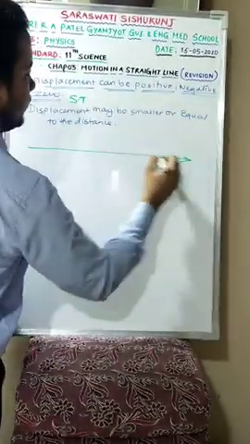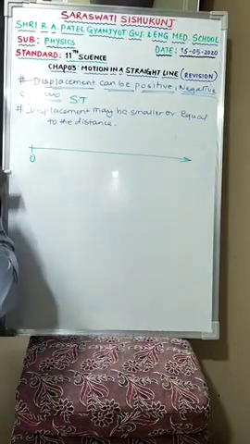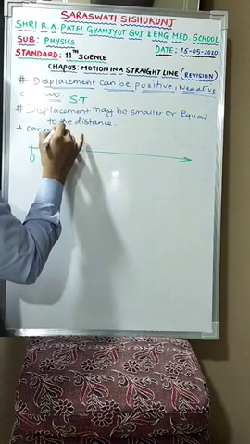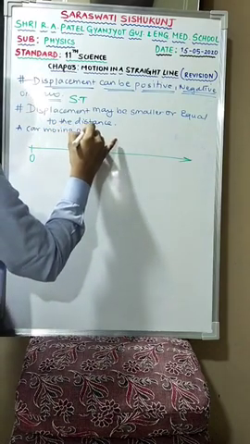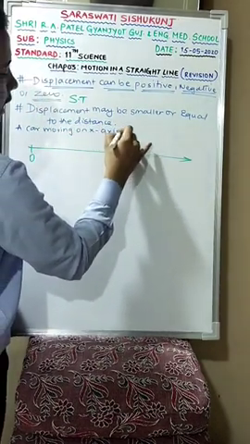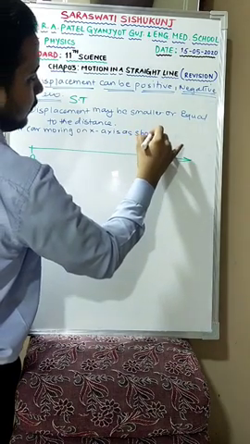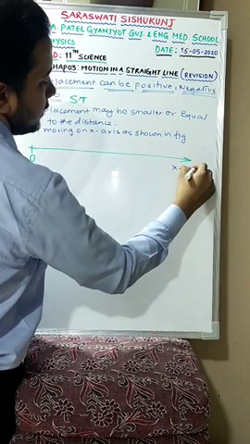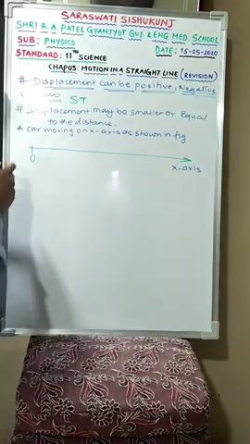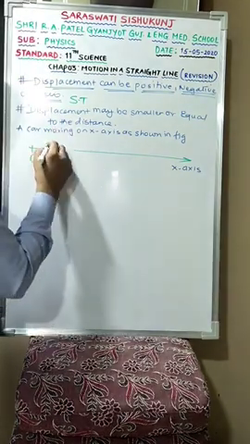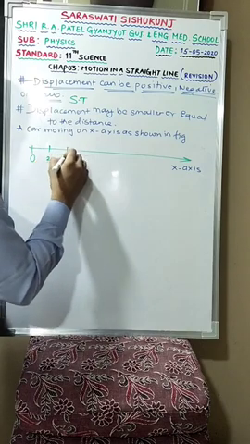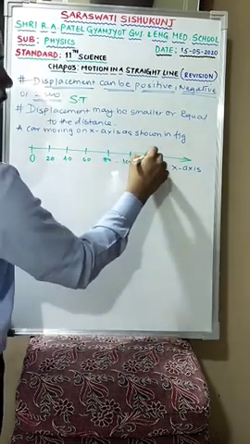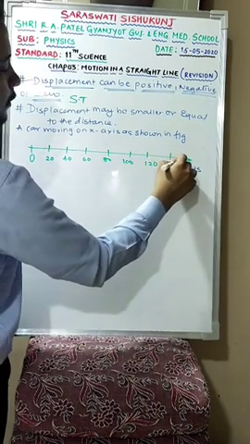So we will take an example. A car is moving on the x-axis as shown in the figure, with marks at 100, 120, 140.